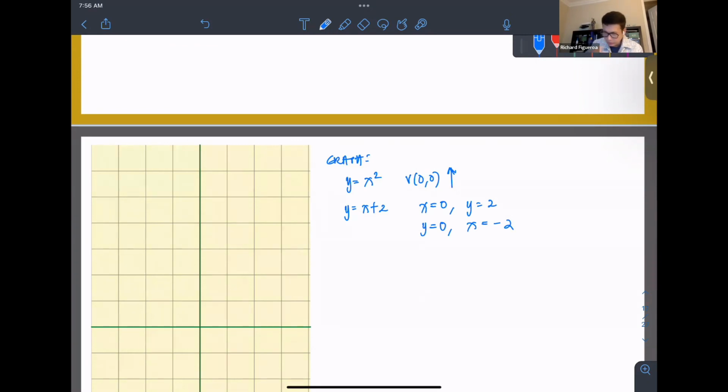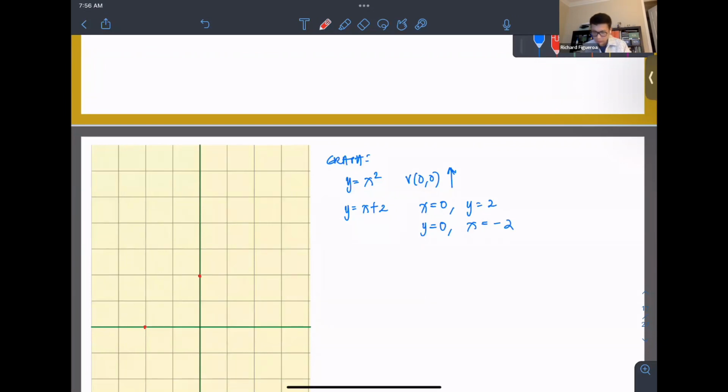So to graph that, we can start graphing the line first. For the line, when x is 0, y equals 2, and when y is 0, x is negative 2. So these are the two intercepts. When x is 0, y is 2, so that's the y-intercept.